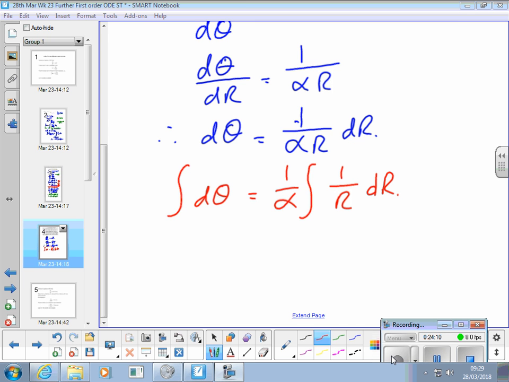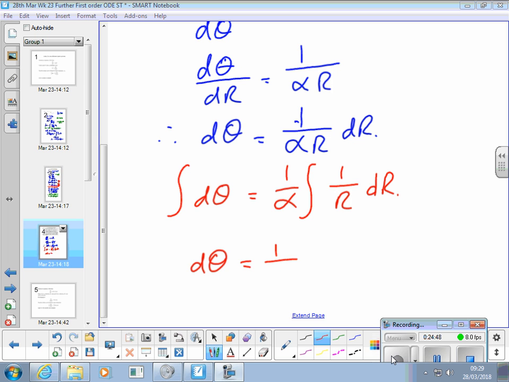This is just a straight integration. That's something we can integrate directly from the table, bearing in mind that it's multiplied by a constant of 1 over alpha. This is just general integration from the table. It was only that first one that required substitution. So theta equals, what's the integral of 1 over R?